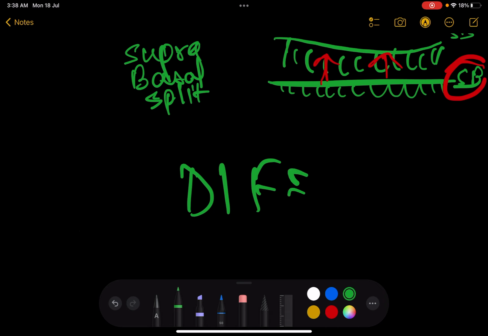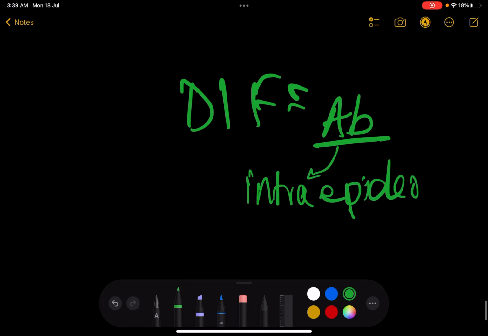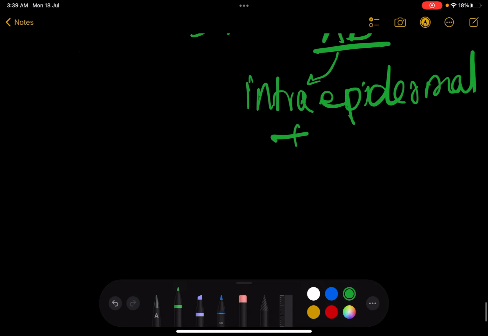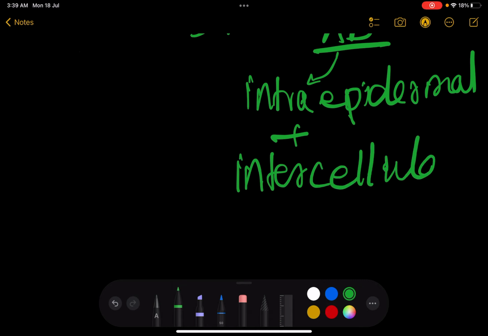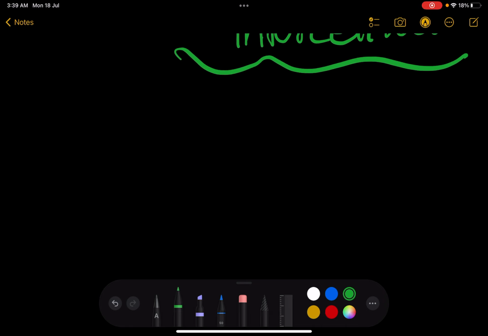When I say DIF, what we can see is that antibodies are detected intraepidermally, because desmosomes are intraepidermal. Desmosomes are exactly the protein against which these antibodies are produced, and desmosomes themselves are intercellular, not intracellular. So when you see a fluorescent image, you see a fishnet appearance.